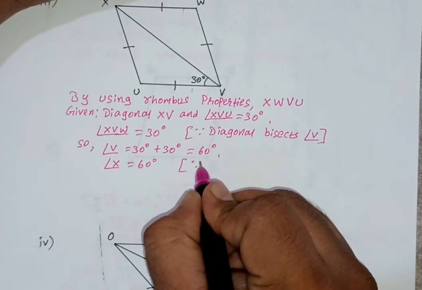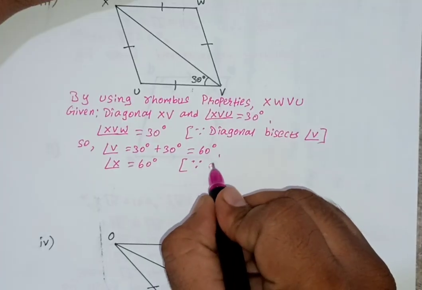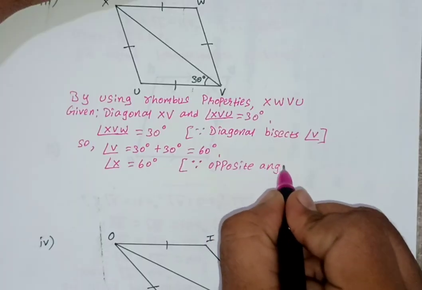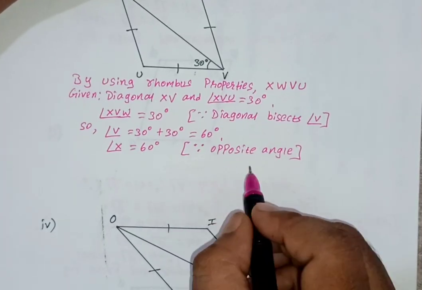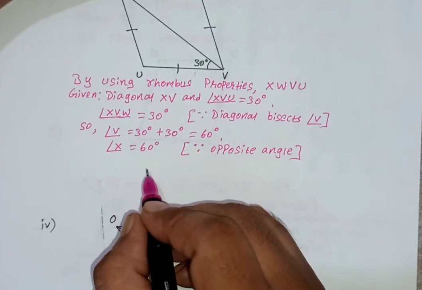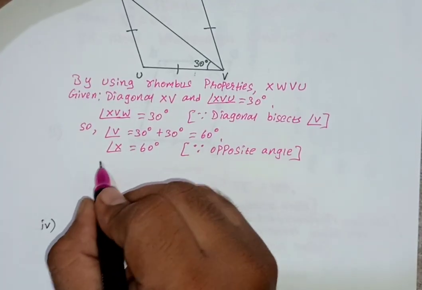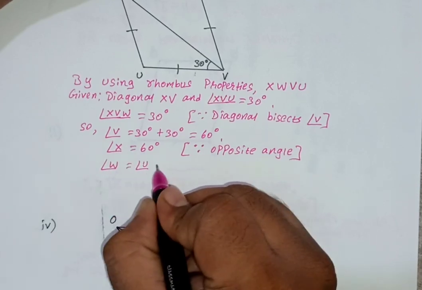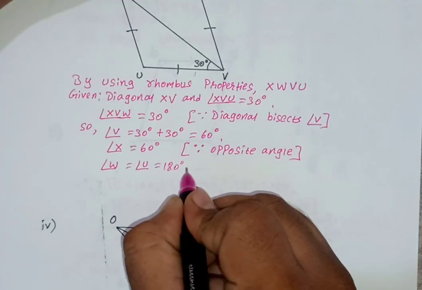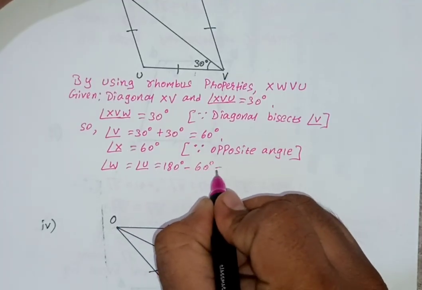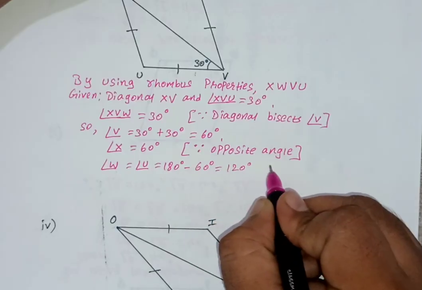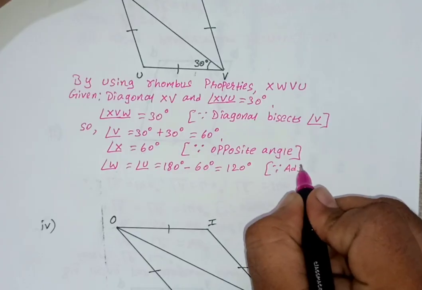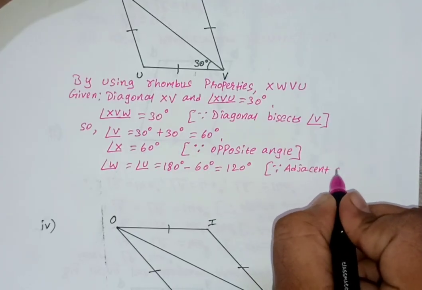Here again write the given, since the reason is opposite angle. Okay, always you have to write the reason, children. Whenever and wherever it is necessary, you have to write the reason. Angle W is equal to angle U, which is equal to 180 degrees minus 60 degrees, which is equal to 120 degrees. Here again, since it is an adjacent angle.